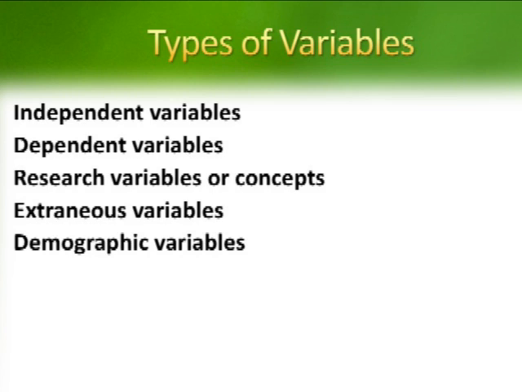And in our example of hemoglobin A1C levels and measuring long-term glucose monitoring, hemoglobin A1C is the dependent variable because monitoring blood glucose values is the independent variable and affects the dependent variable.